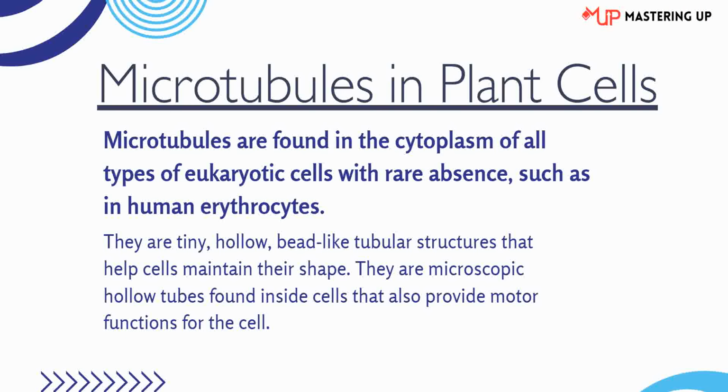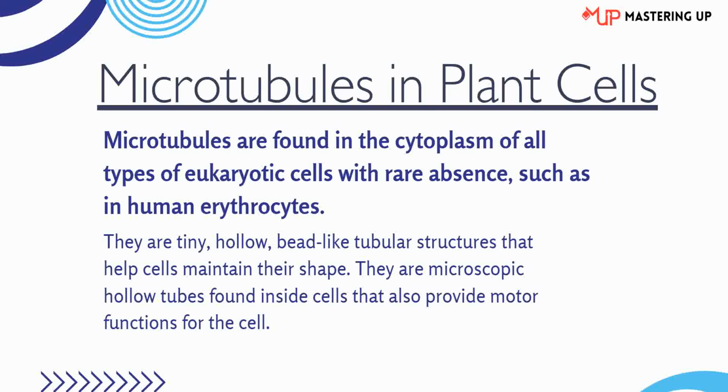Microtubules in plant cells. So let's focus on one of the key components of the cytoskeleton, microtubules. Microtubules are found in the cytoplasm of all types of eukaryotic cells with rare absence, such as in human erythrocytes.